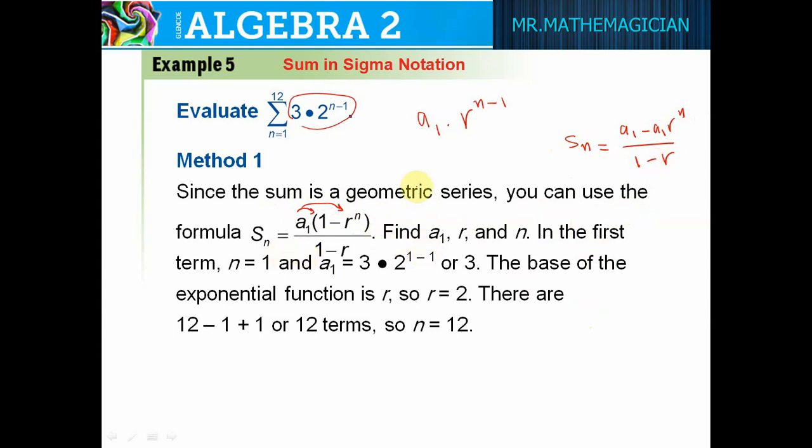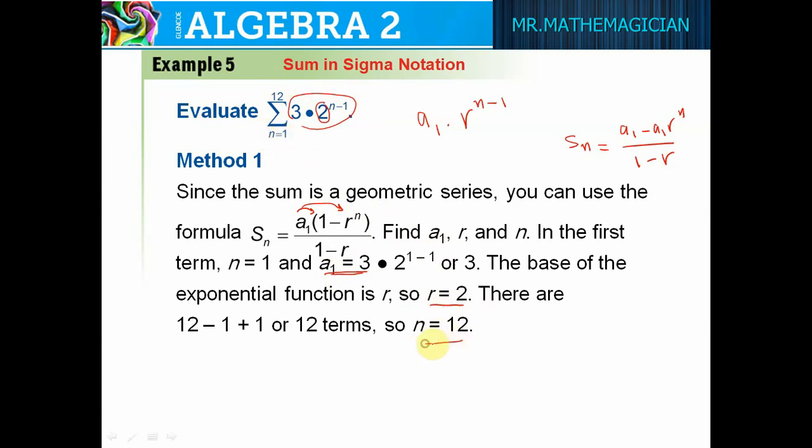Find A1. If you substitute with 1, it will give you 2 to the power of 0, which is 1, multiplied by 3, so A1 is 3. And it's clear that R is 2. So we have A1, we have R, and we have the number of terms from 1 to 12.